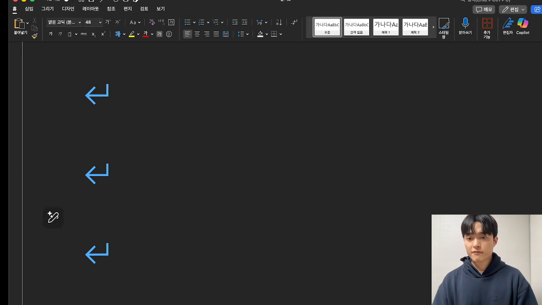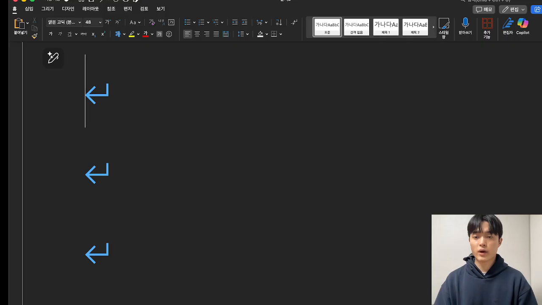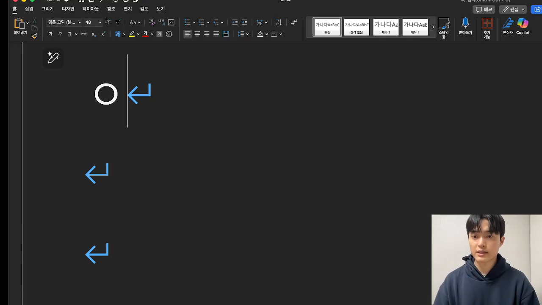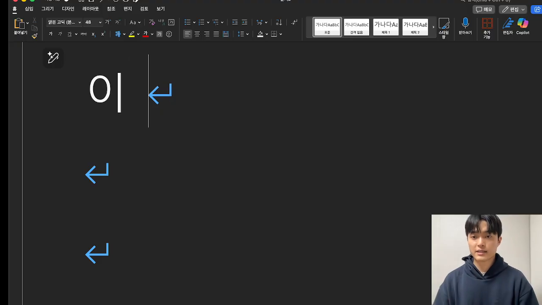So before we finish this video, I have one more thing to explain. It's about writing. If you see Korean syllables, there will be some cases where we put the consonant on the left side, like this. In this case, we put the circle consonant on the left side.